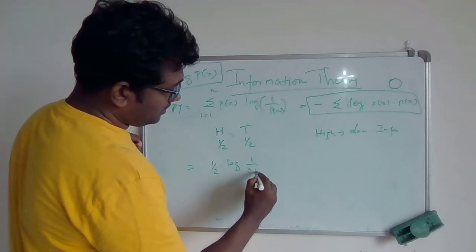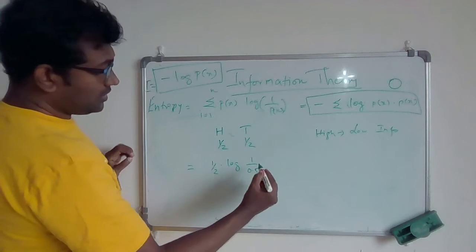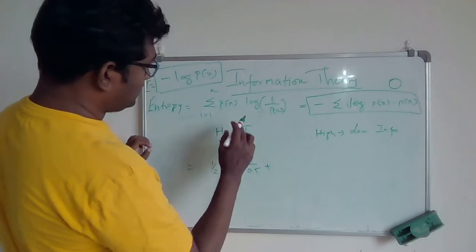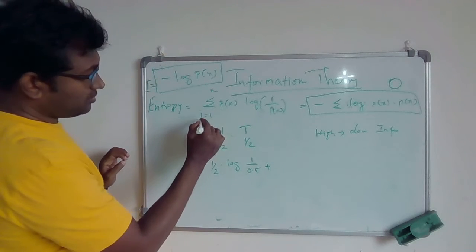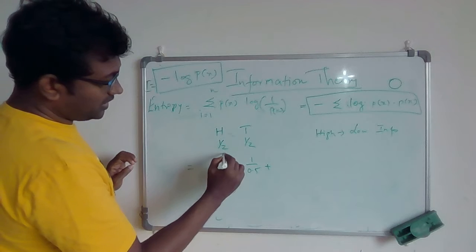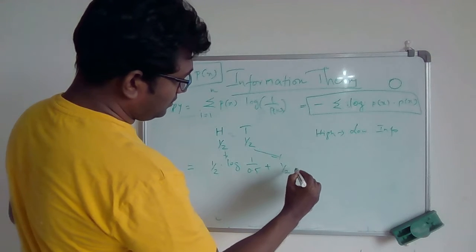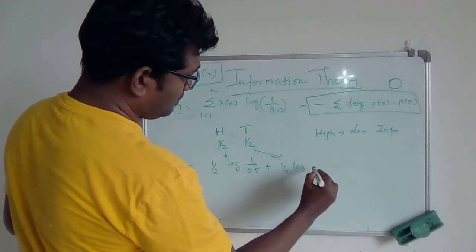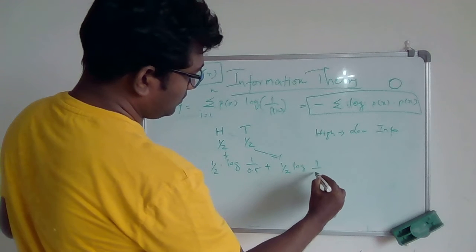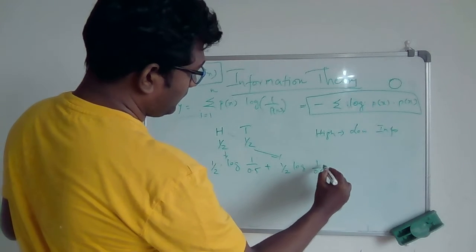And plus, we need to take the summation over all probabilities, so we do it for tails as well. Again 1 by 2 into log 1 by 2, which is 0.5.